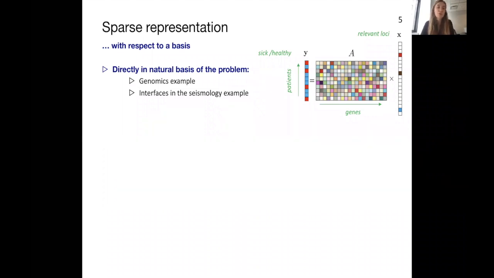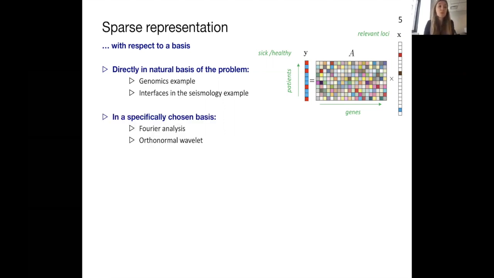So for example, in the genomics example I was giving, we expect that only a few locations in the genome will actually be relevant. And so we expect that this vector X will actually be sparse directly. Or if we are thinking of the interfaces in the ground, we don't expect to have so many different layers. So we are also looking for an outcome which is sparse.